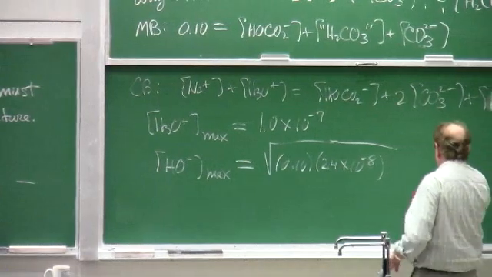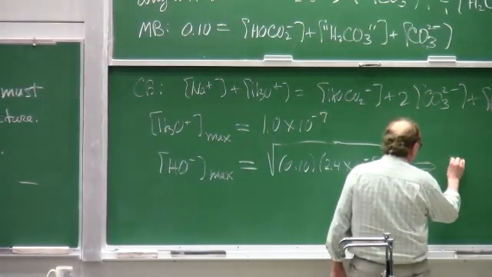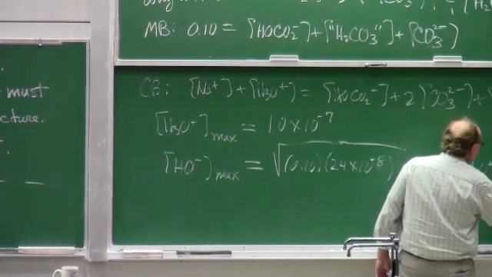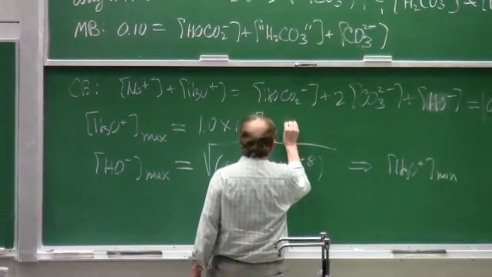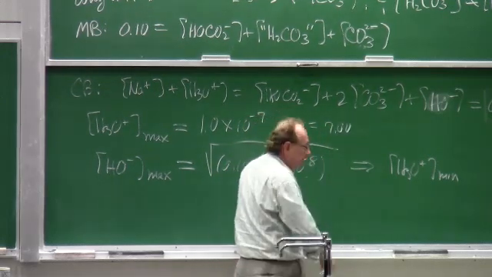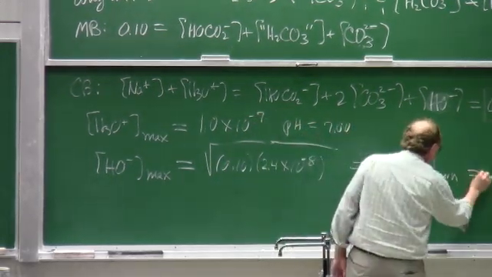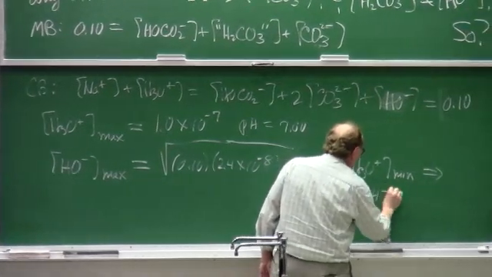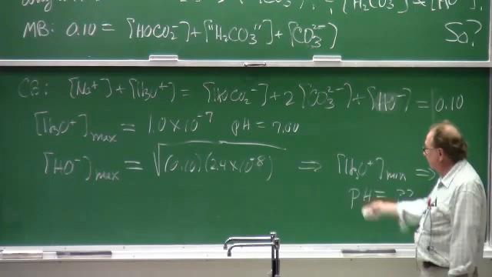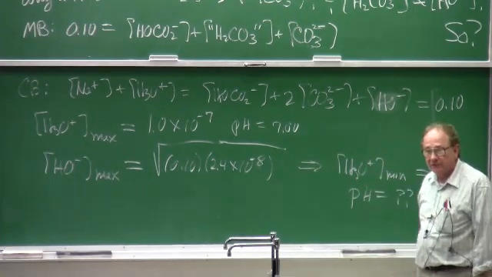From this we get hydronium ion min, pH 7.00. You do this, you get the pH, add up the pHs, divide by 2.